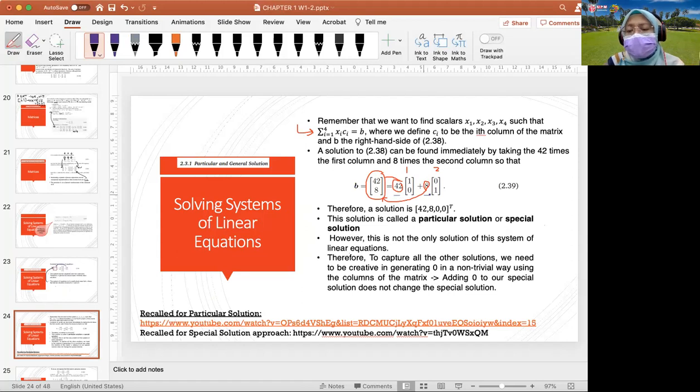This solution, we call it a special solution. In the case of solving the linear equation, there must be two types of solutions. First, we call it a special solution, plus the particular solutions. So basically, the solutions for the linear equation will be in this form.